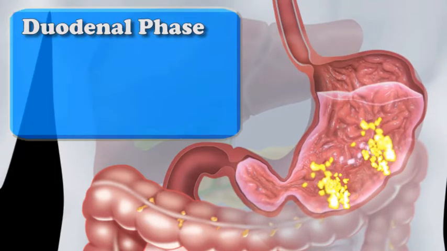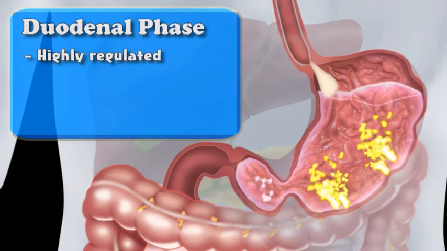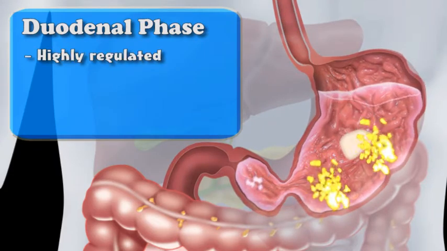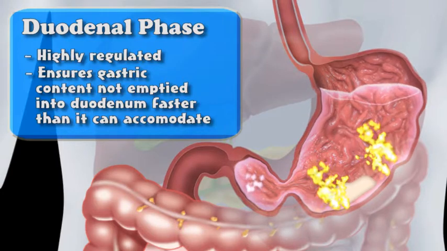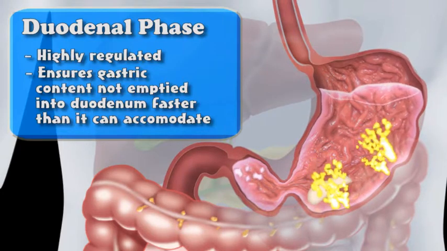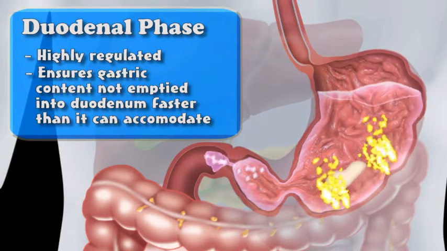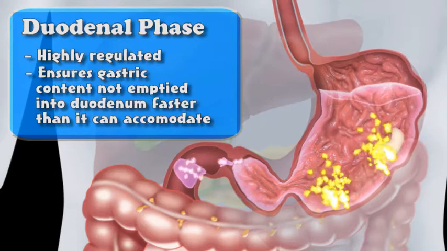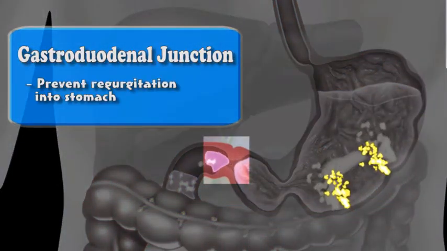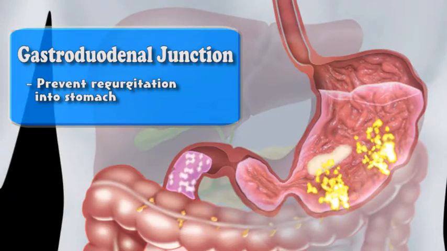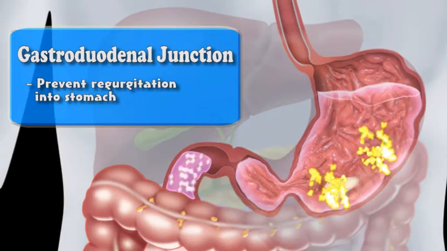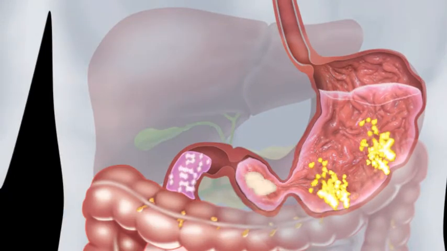The entry of gastric contents into the duodenum happens at a highly regulated rate. This ensures that gastric contents are not emptied into the duodenum at a rate faster than the duodenum can neutralize gastric acid and process chyme. The gastroduodenal junction, on the other hand, prevents the regurgitation of duodenal contents back into the stomach.